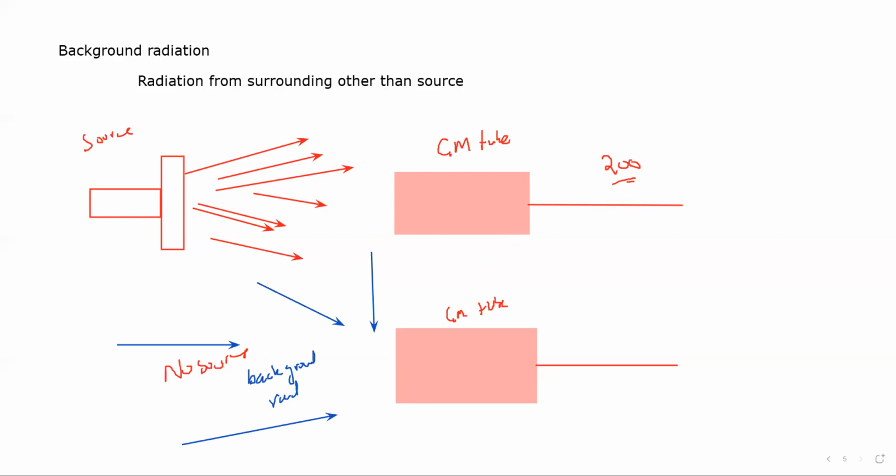And what are the sources of background radiation? What is the origin of the background radiation? There are different sources, like radon gas in our atmosphere.